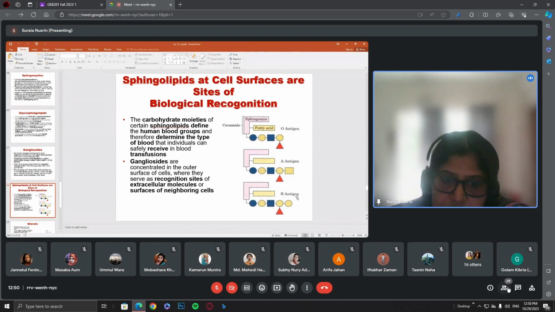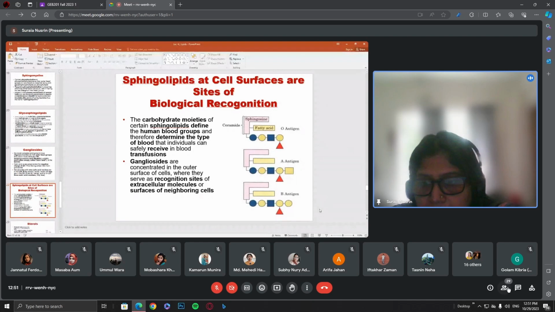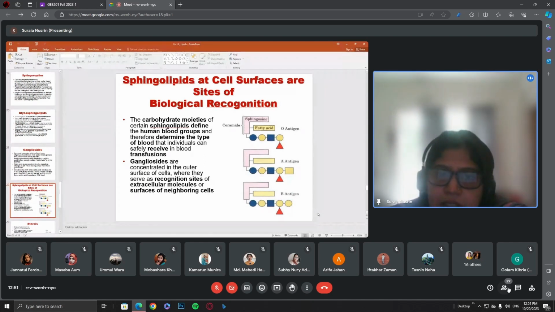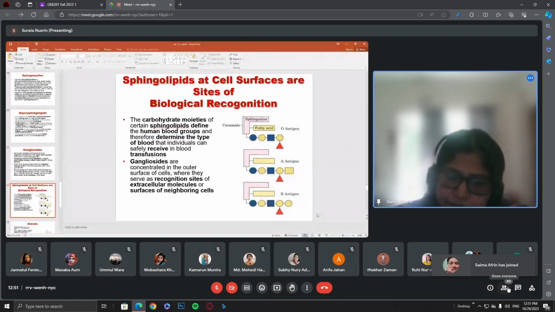Okay, so the sugar moieties which are attached to the ceramide, functioning as the polar head group, have different structures, and those individual sugar moieties are actually defining our blood groups.